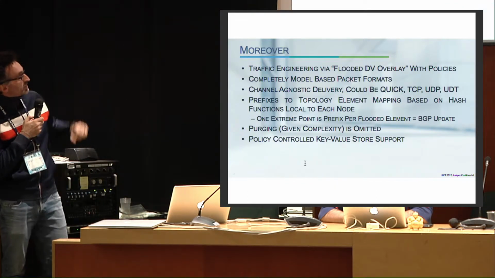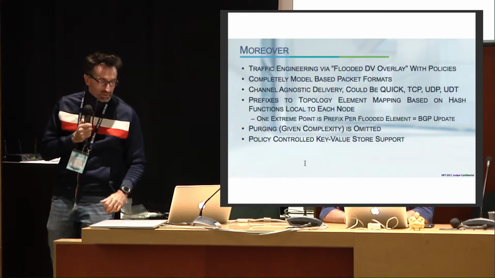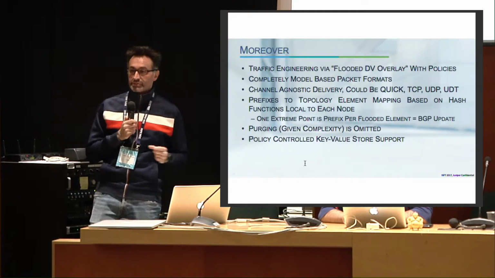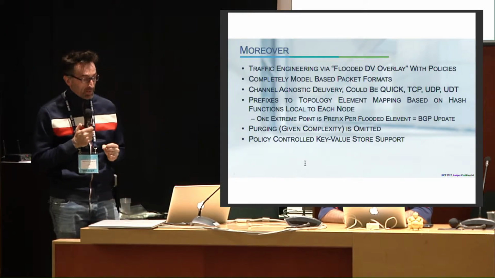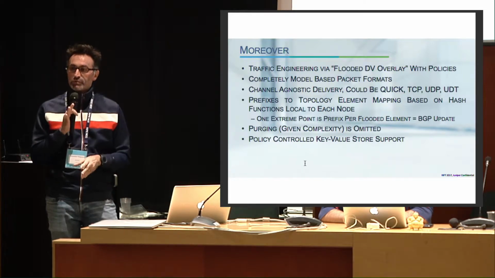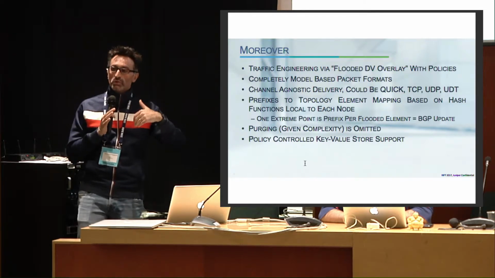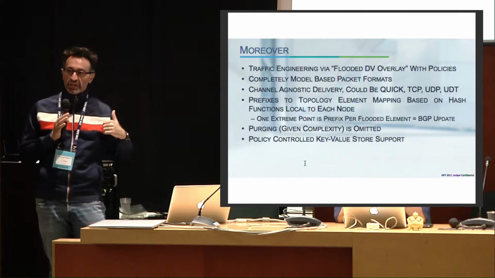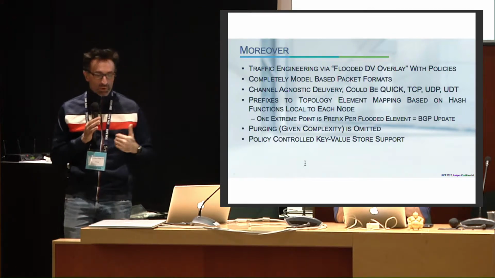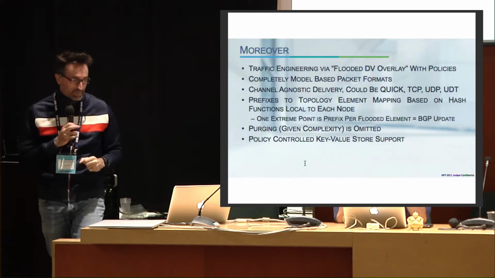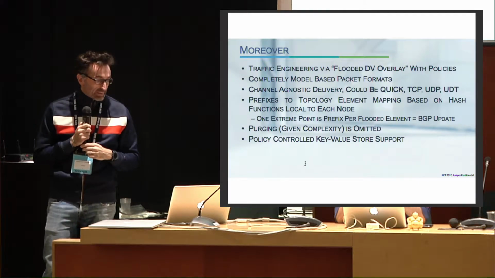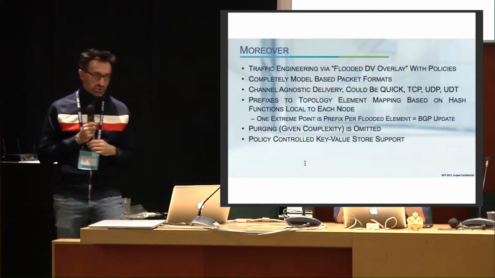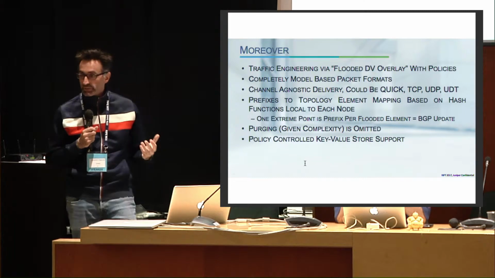Another interesting characteristic is that RIFT supports policies. And it supports policies in both directions. Not only in the south direction, because it's a distance vector, but it supports policies in the upper direction as well. And with those policies, it's possible by using communities.